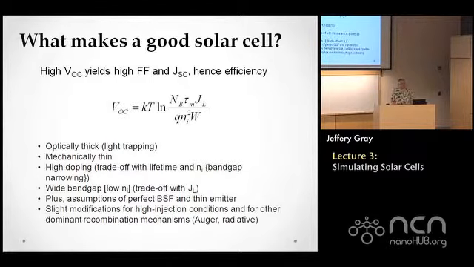So high open circuit voltage yields a high fill factor and a high short circuit current, and therefore high efficiency, and I repeated the open circuit voltage equation here. Let's take a quick look at this.